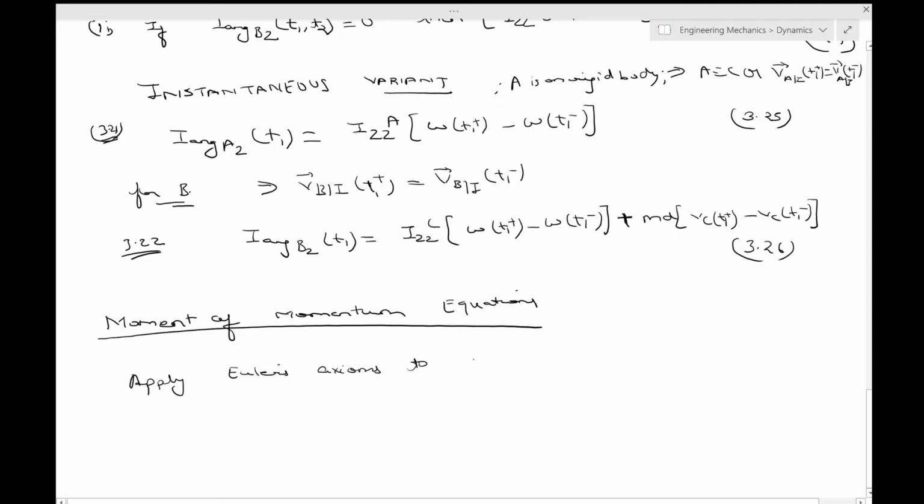To a rigid body, we are obviously referring to a rigid body, so I shouldn't be writing it. Euler's axioms.